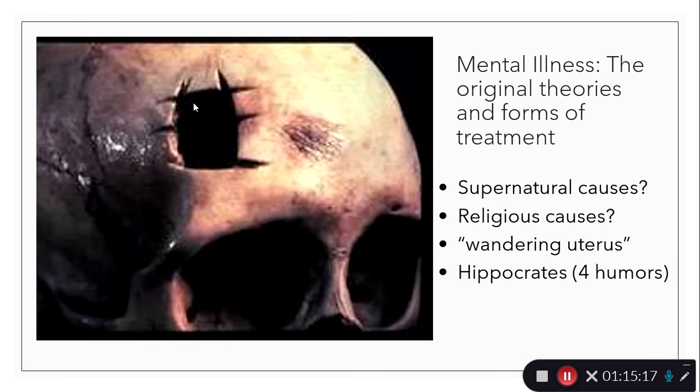It was used to treat head wounds, brain bleeds, epilepsy, and migraines, any type of mental illness. And in the world of mental illness, this was a means for the demon or the negative energy, whatever it was that was causing you distress, to escape.